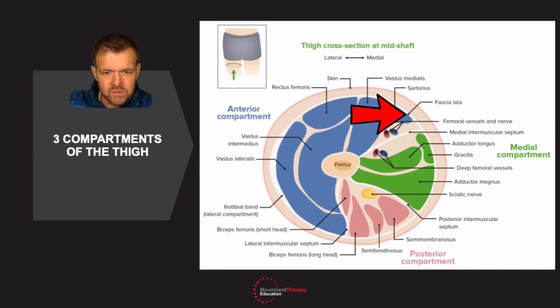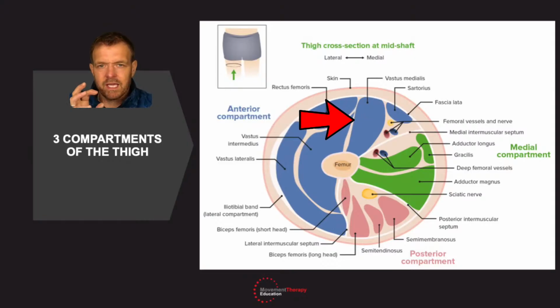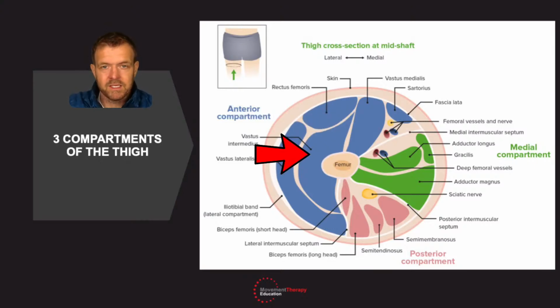All of these muscles are grouped together, and they have a blood supply and a nerve supply that supply the anterior compartment. Very, very similar to around the tibia, the different compartments we were looking at in the leg.